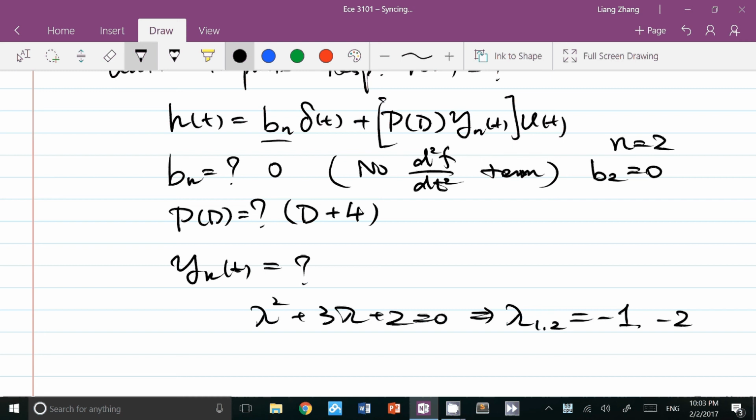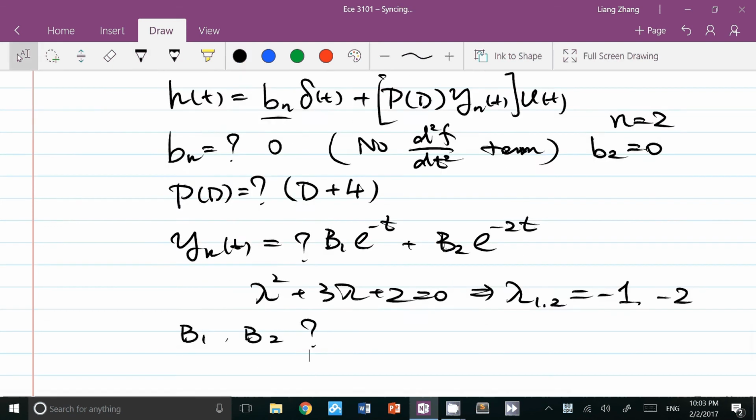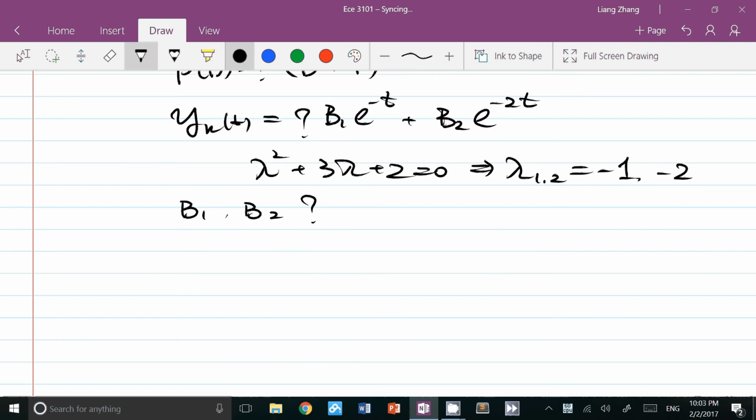So for this Yn of t, we have b1 e^(-t) plus b2 e^(-2t). Then it follows immediately that we need to figure out what b1 and b2 are. The values of the two constants should be calculated based on that special set of initial conditions particularly made for the unit impulse response.